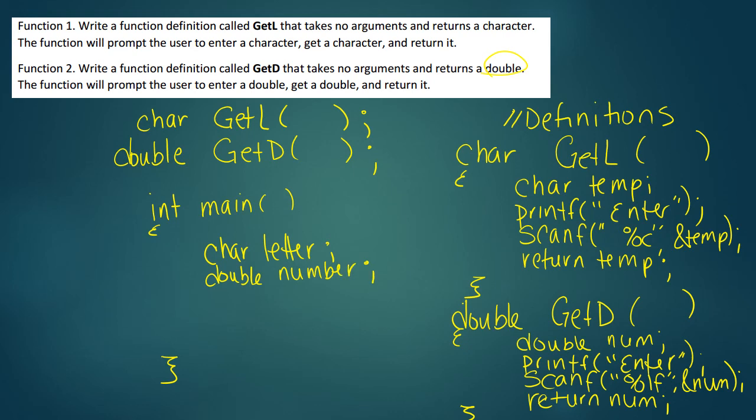So the function call to getL is letter equals getL, and number equals getD. And that's the answer to that question.